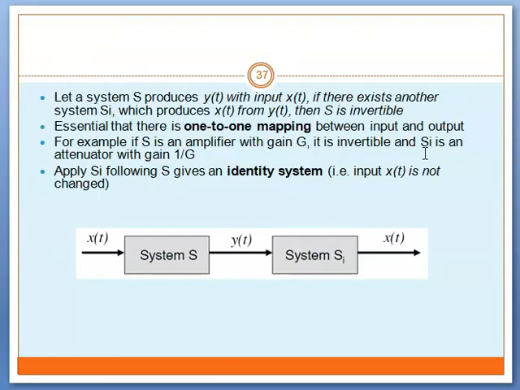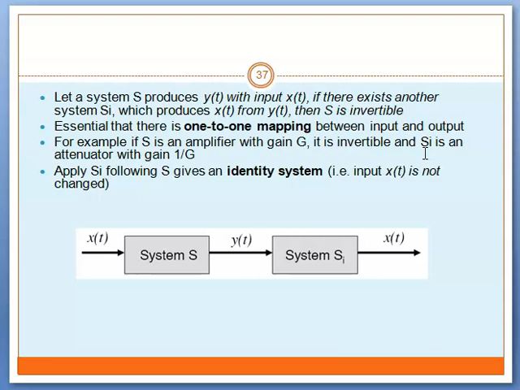So let a system S produce y(t) with input x(t). If there exists another system Si which produces x(t) from y(t), then S is invertible. So there should be a one-to-one mapping between the input and the output.